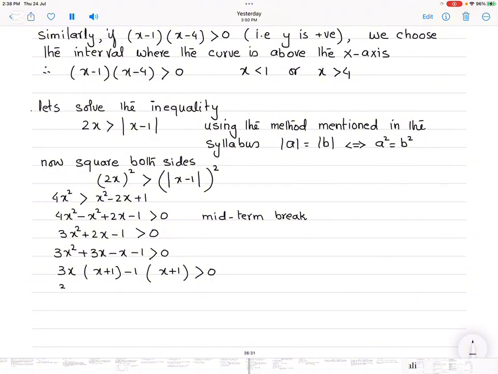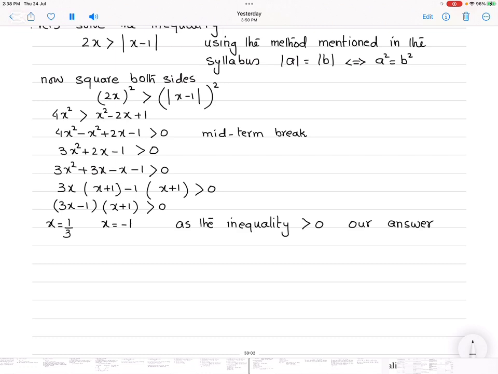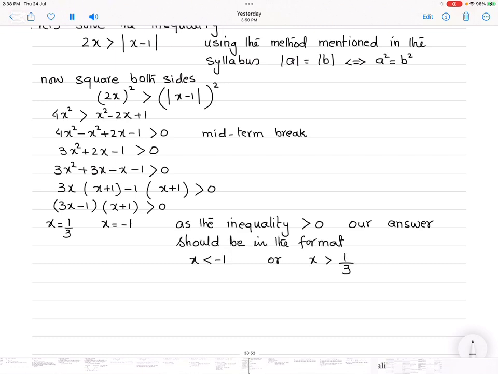Make the bracket of (3x - 1) and (x + 1), so greater than 0. So from here you get x is equal to 1 by 3, x is equal to negative 1. As the inequality is greater than 0, our answer should be in the format x is less than minus 1 or x is greater than 1 by 3.